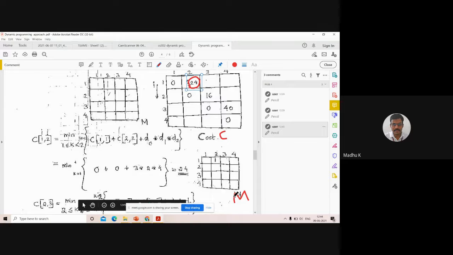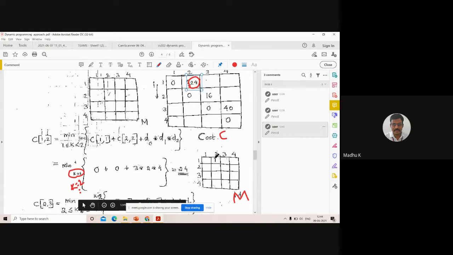So for k equal to 1, we selected this solution. Sometimes there will be k equal to 2 and so on, but here only one solution is there, that value of k equal to 1.